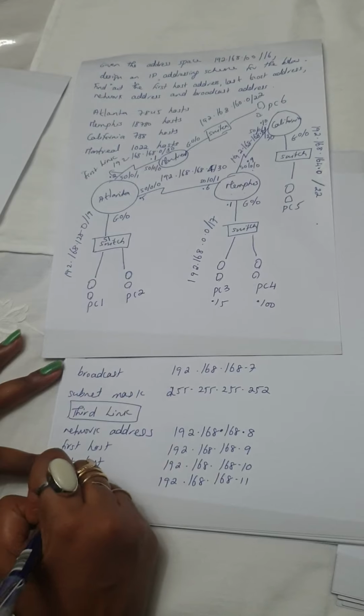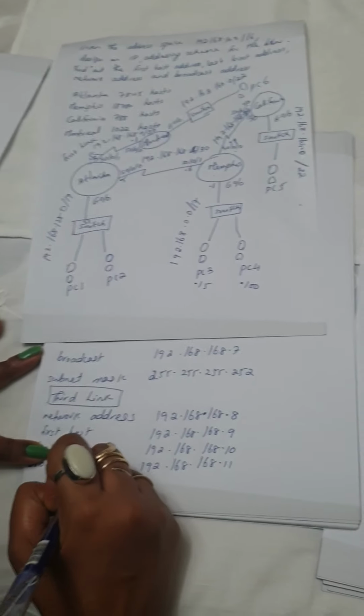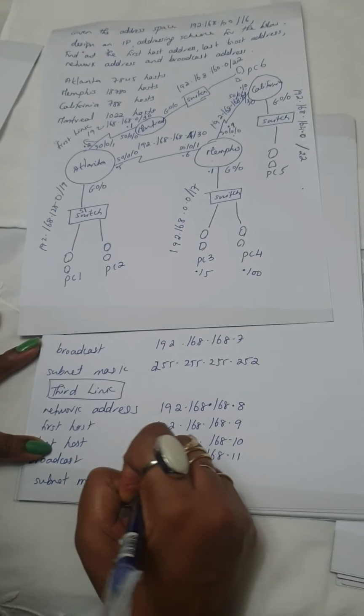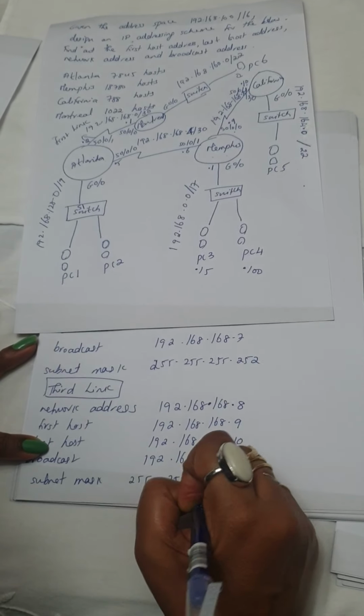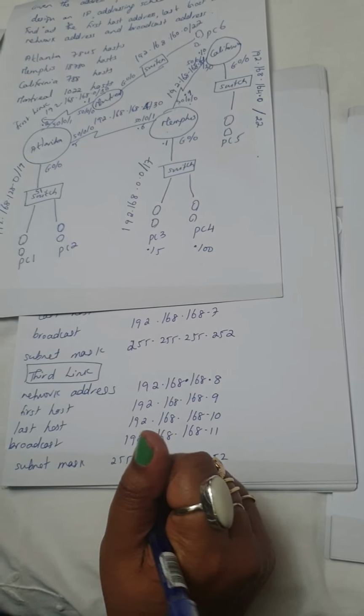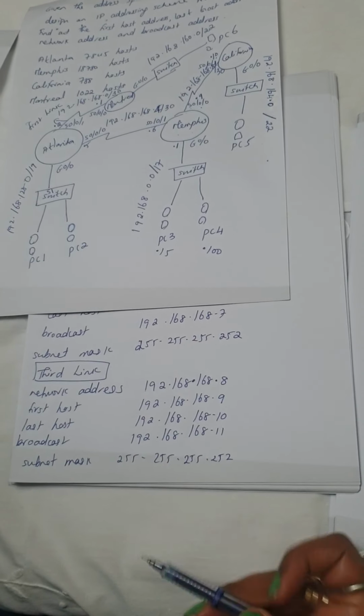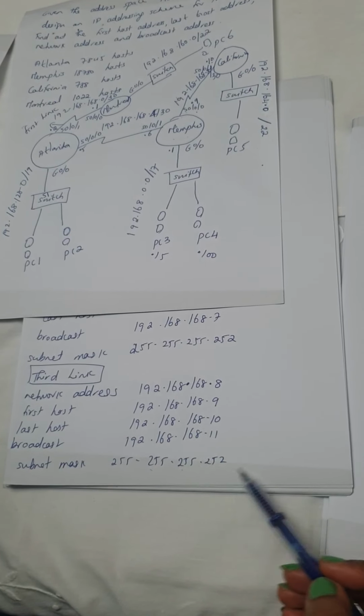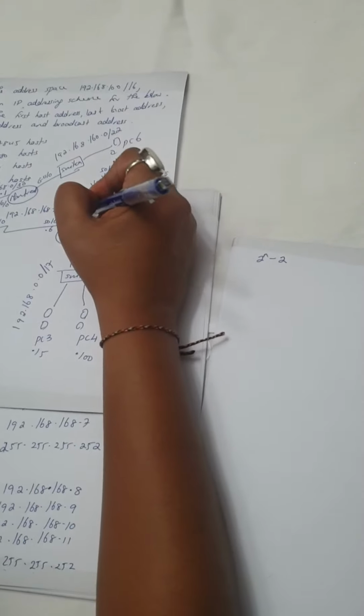Good. So the subnet mask, since it's a /30, is again 255.255.255.252. If you want to know how we obtain 255.255.255.252, it's because we require only two host addresses between any links.